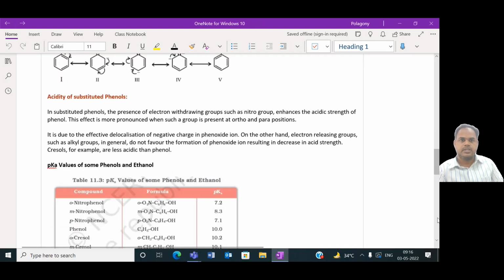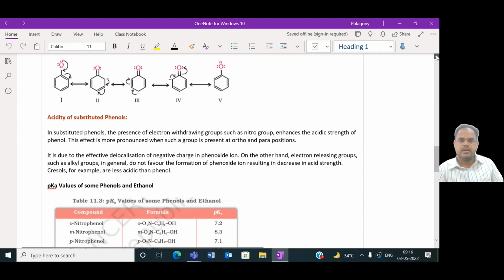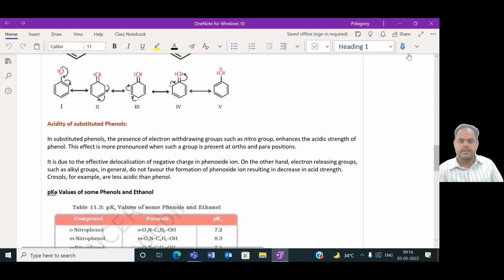Now let us discuss the stability of the phenoxide ion. Here the phenoxide ion is more stable because it undergoes resonance structures, delocalization of charge and delocalization of electrons within the ring.